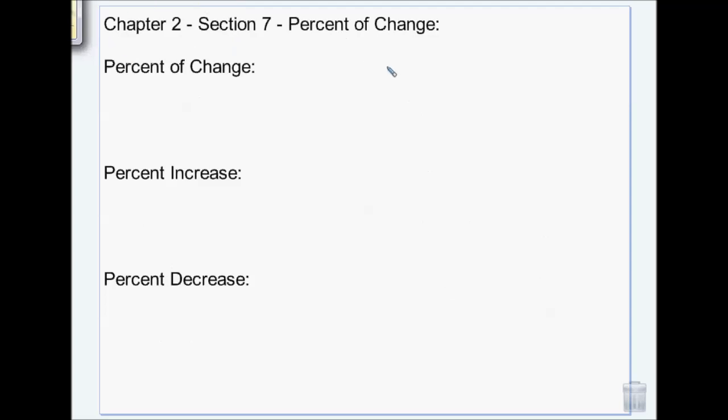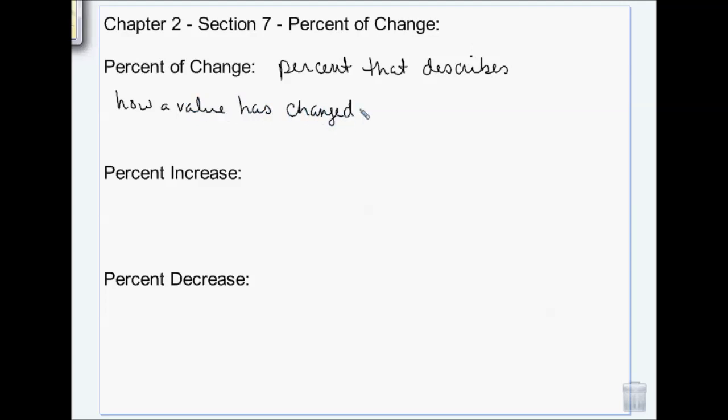A percent of change is basically a percent that describes how a value has changed over time.